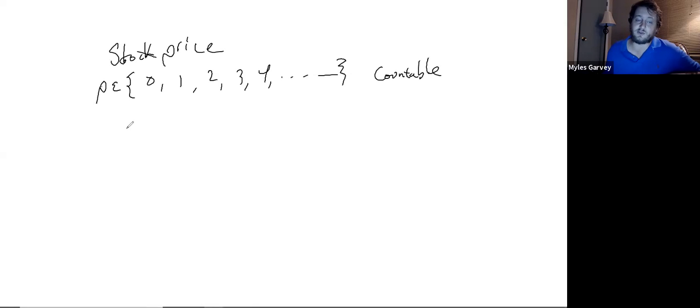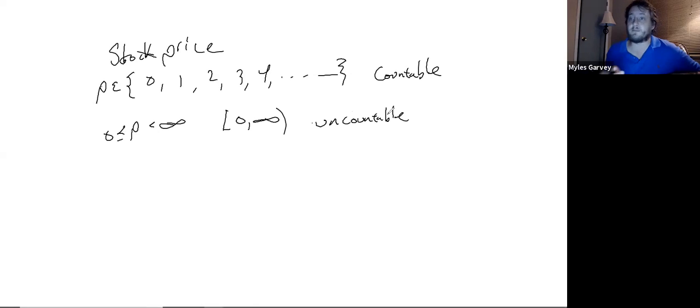The other way is to just say that the price of a stock is any number between 0 and infinity, or if you remember this notation, from 0 to infinity, in which case this is uncountable. I cannot list out every number between 0 and infinity. We just proved why we can't do that.